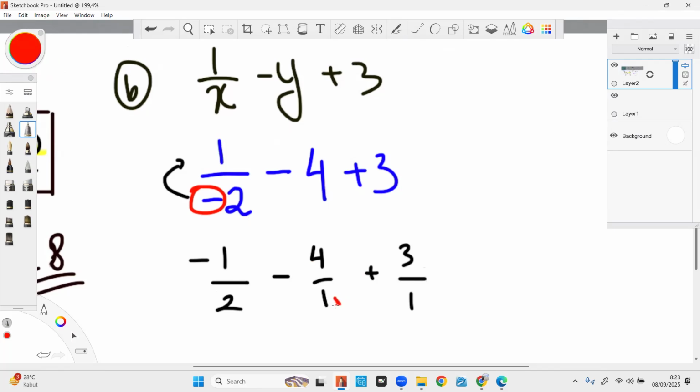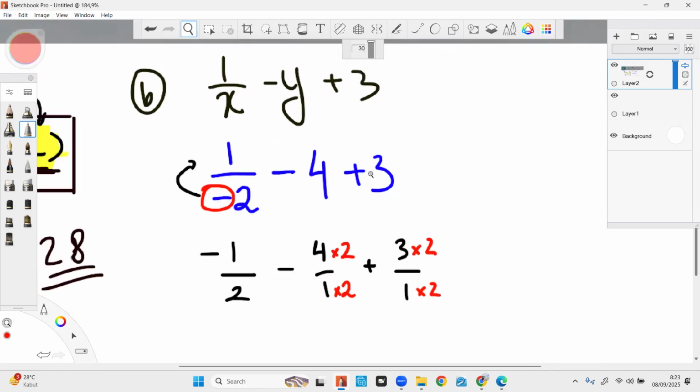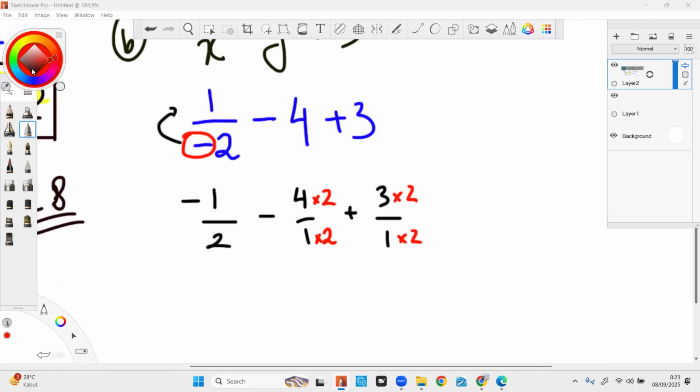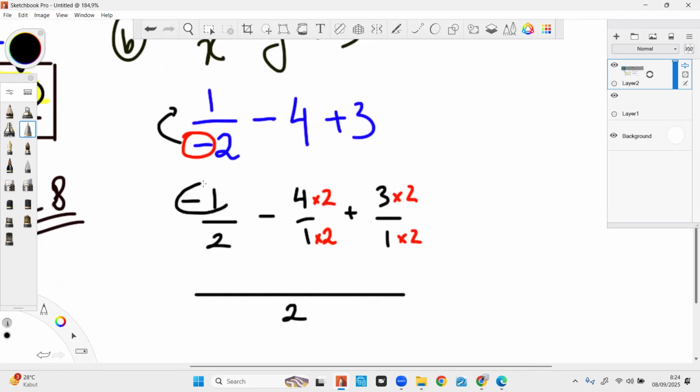Then what next? Equate the denominator. You multiply by 2 for the denominator 1 to be able to add or subtract with this 2. Next, we already have all denominators as 2. Just write down long working like this over 2. You put on top negative 1 minus 8, right? Plus 6.